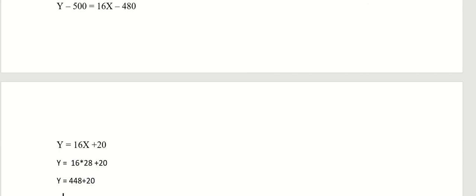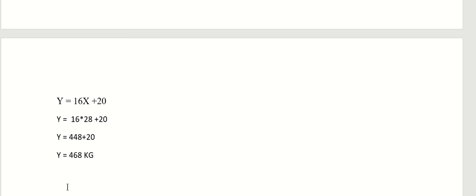So production would be 468 kgs. So very directly you can calculate, if rain is this, how much the production would be. This is the significance of calculating the regression line. Okay, so this is the question which we have done.